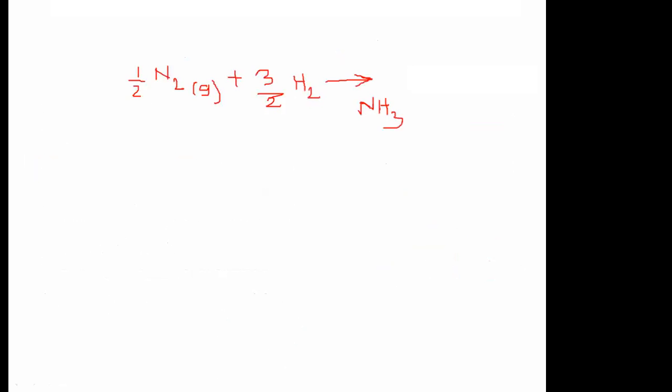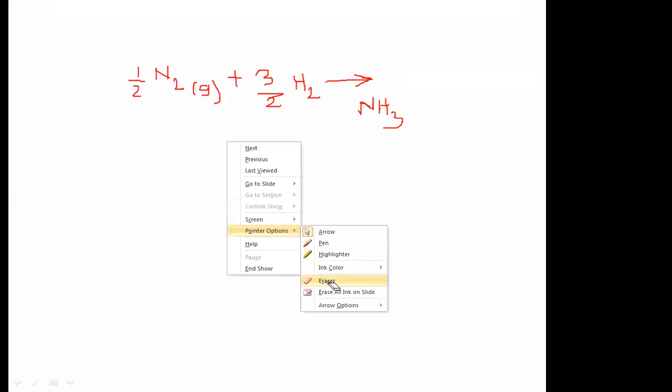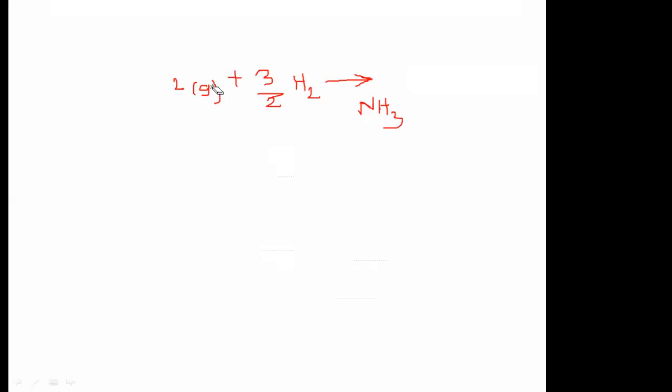Okay. Then to start this solution, which formation reactions will I use? The enthalpy of the reaction, let us denote it by delta H. Very simple solution. Delta H with suffix O indicates that everything is in the standard form.